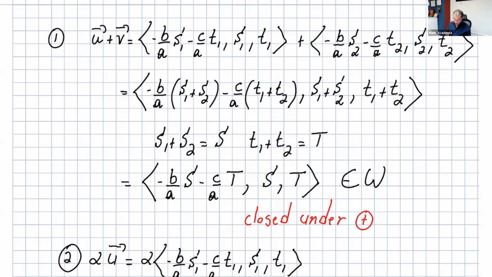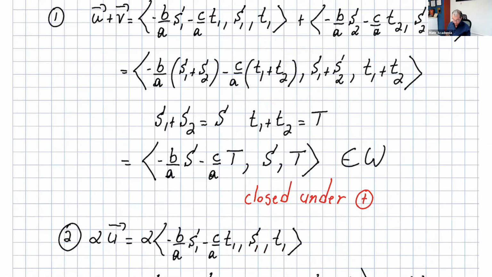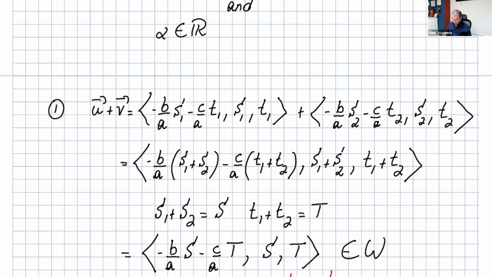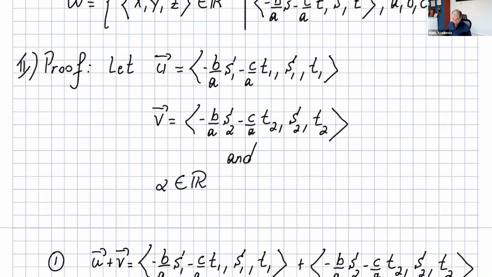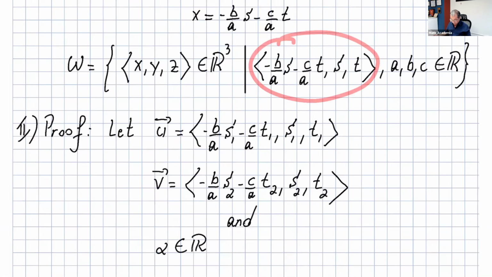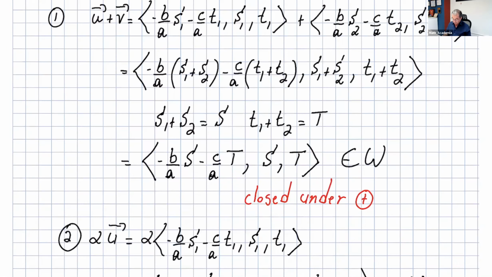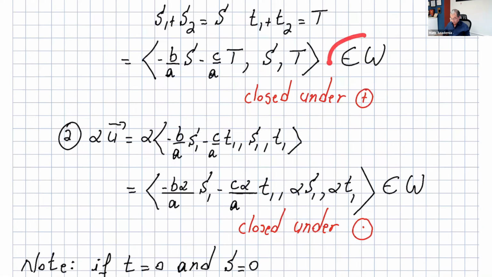If I call s1 plus s2 capital S and t1 plus t2 capital T, then we get the same form, which looks exactly like this. So it's in W, so it's closed under addition, or vector addition.